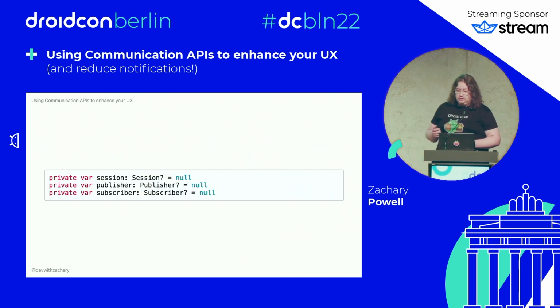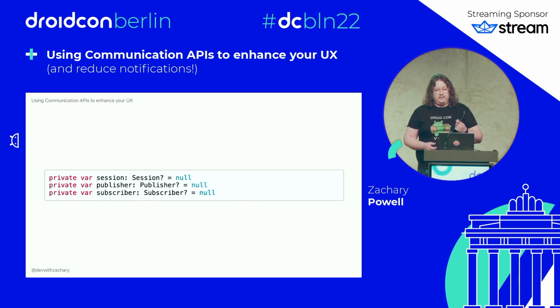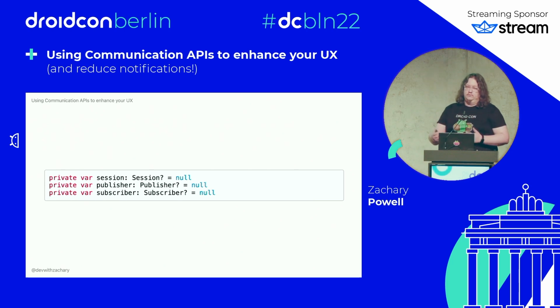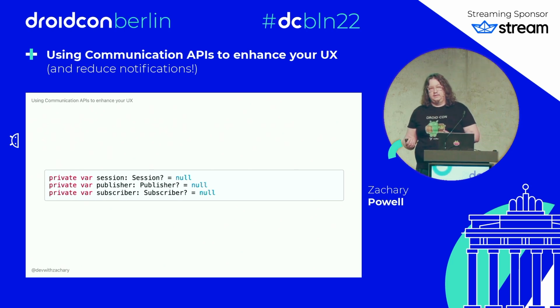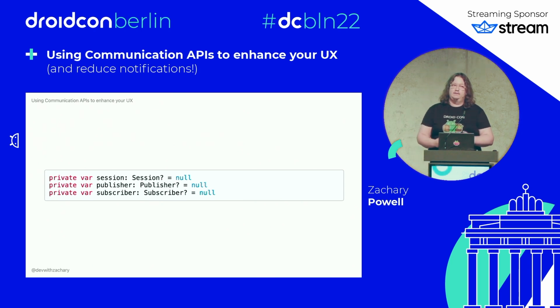To make that happen, we have three variables that we use. We have a session, which is the actual video session that we're initializing. We have the publisher, who is the app that you're publishing your video out from, and the subscriber, who's the video that you're receiving back from the other member of that session, or members, if you've got a multi-video session.